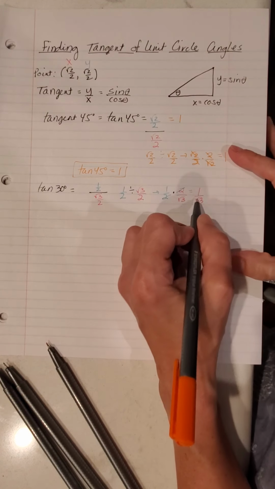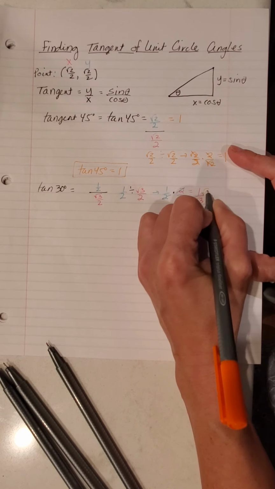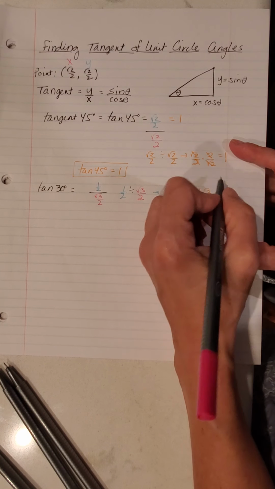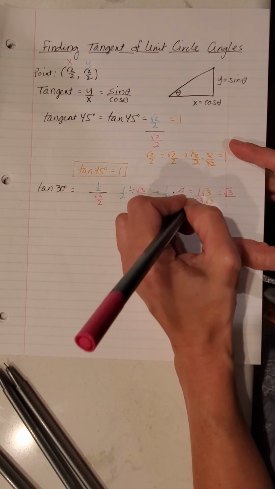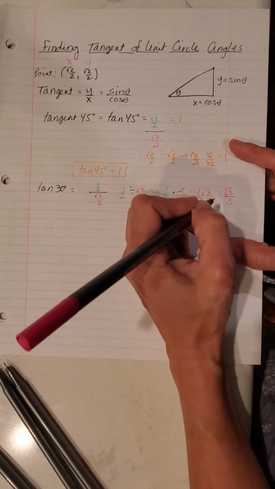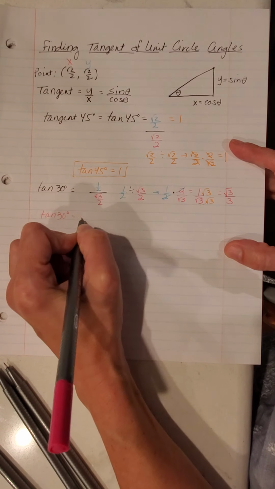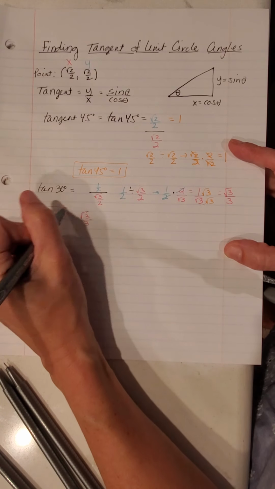And these are not linear. And so they're not rational, and so we have to rationalize it. You can't have a root in a denominator because I think this comes from the days before calculators. 1 times root 3 is root 3. Root 3 times root 3 is just 3. And that's the tangent of 30. And so we have tangent of 30 is root 3 over 3.